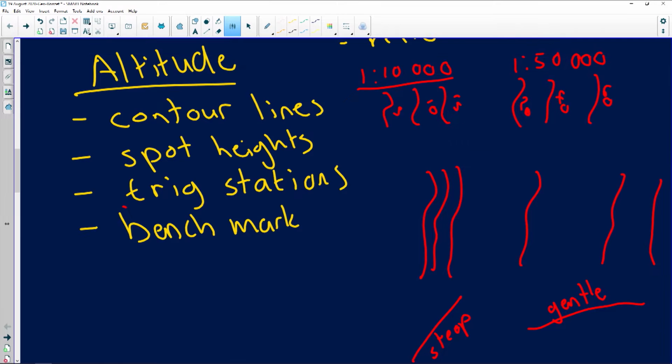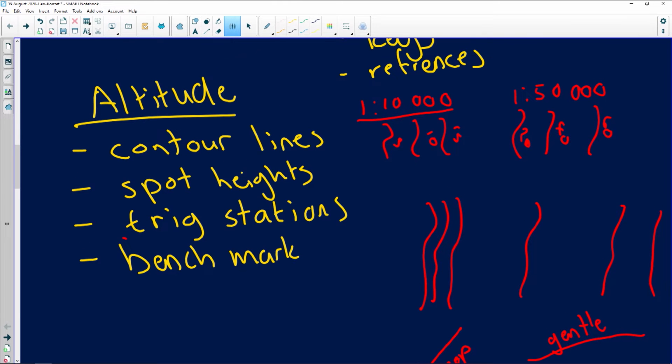A spot height is usually a specific area with a little dot, and it represents the actual height in meters. Very importantly, altitude is always represented in meters. The unit of kilometers is just too big to use, so we refer to meters above sea level. When we discuss altitude, always meters.